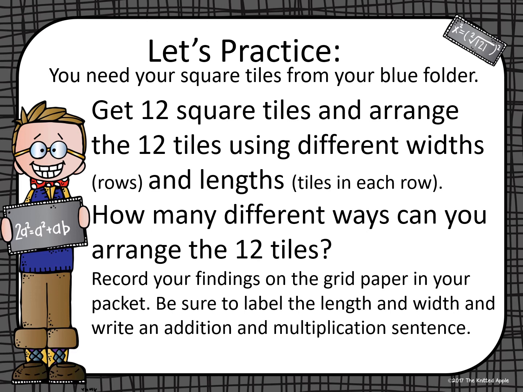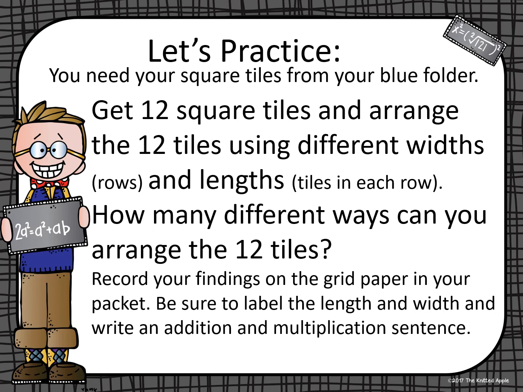You are going to record your findings on the grid paper in your packet. Be sure to label the length and the width and write an addition and multiplication sentence to go with your arrays of 12 tiles. So, for example, you might have 2 rows of tiles with 6 square tiles in each row.